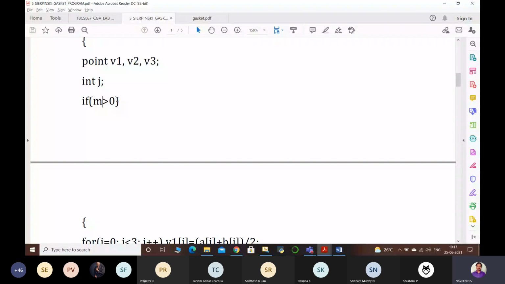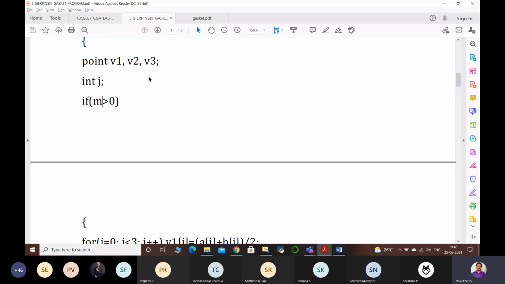Any idea? No, sir. Simple. There is no concept of midpoint, so directly it is going to construct whatever the initial diagram is, the initial tetrahedron or initial triangle. That's it, because we are not calculating any midpoint, I'm just taking the three vertices.